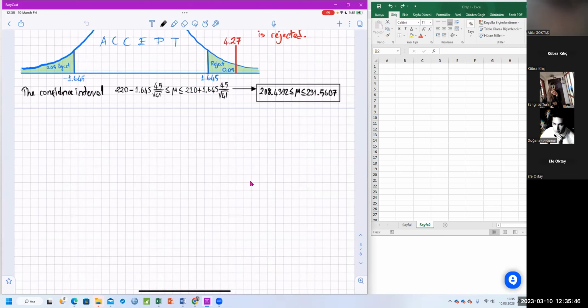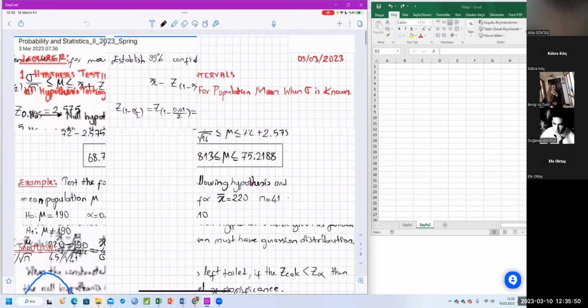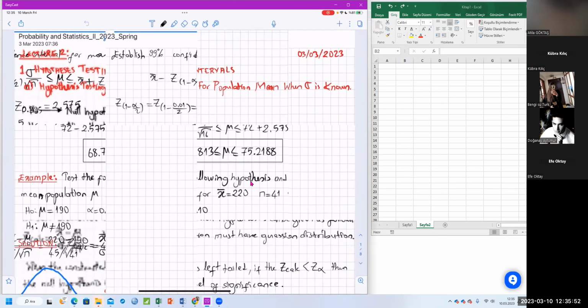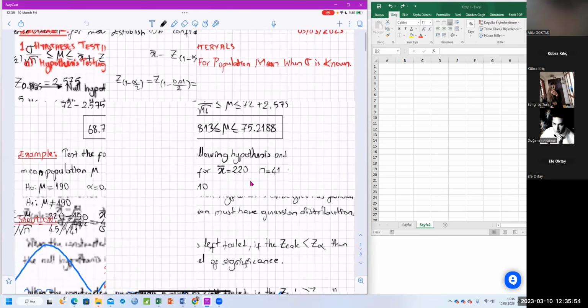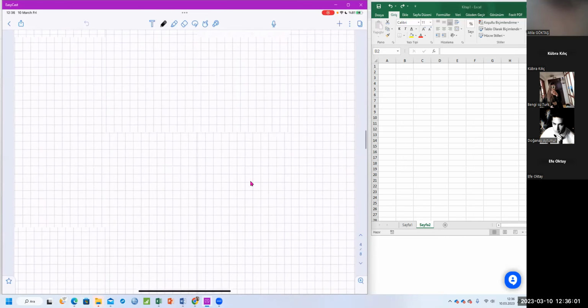Okay, last week, back to the title: hypothesis testing and confidence interval for population mean when sigma is known. This week we will be dealing with when sigma is not known.